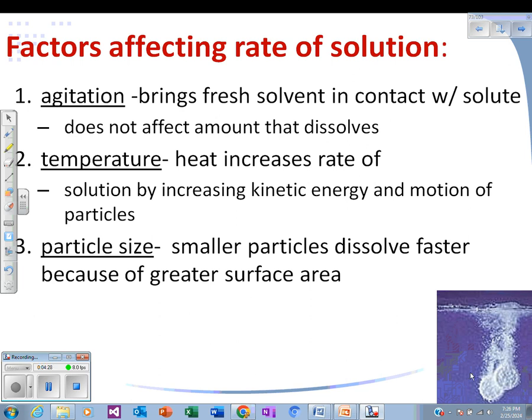We also gave you antacids in a previous lab, and we gave you pieces of them. Depending on how small your piece was, by breaking them up, we caused them to go into solution quicker.